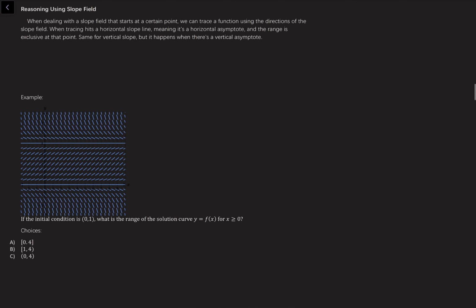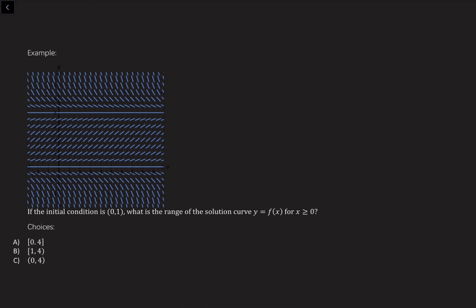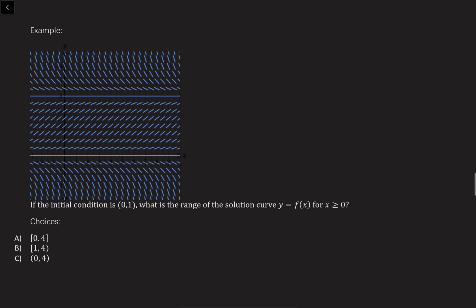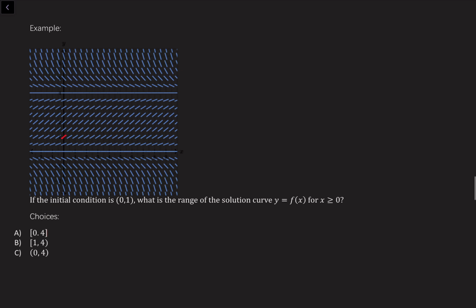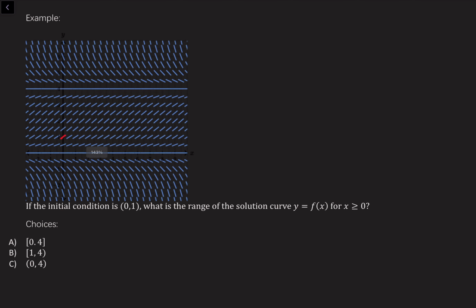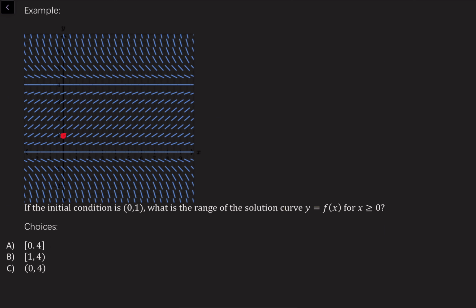So let's work on this. If the initial condition is 0, 1, it might be hard to see. It's right here. What's the range of the solution curve y equal to f of x for x greater than or equal to 0? Now let's just trace. So start here and go up, go up, go up, and the slope is gradually decreasing until we reach here.